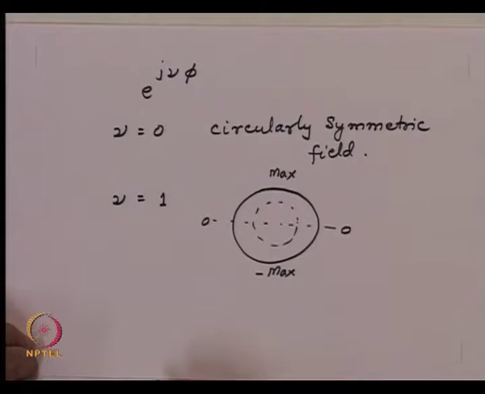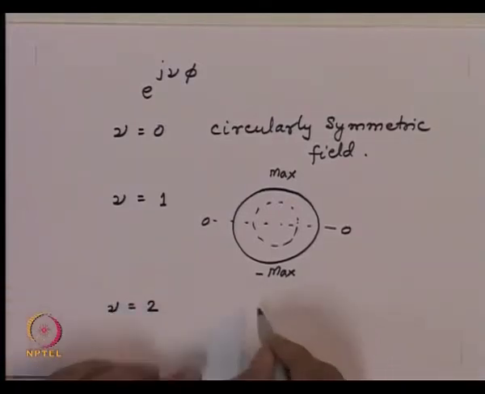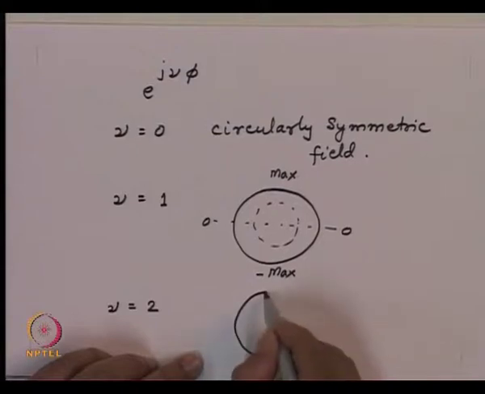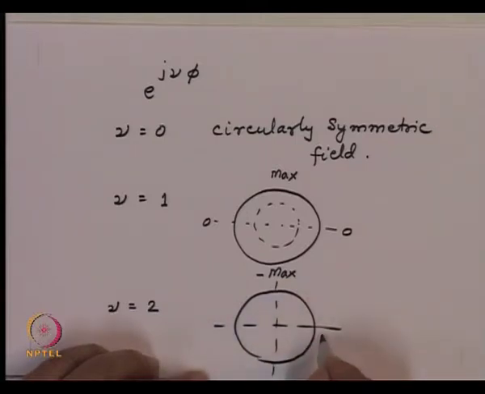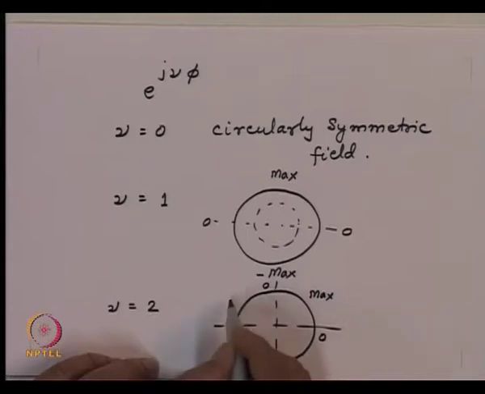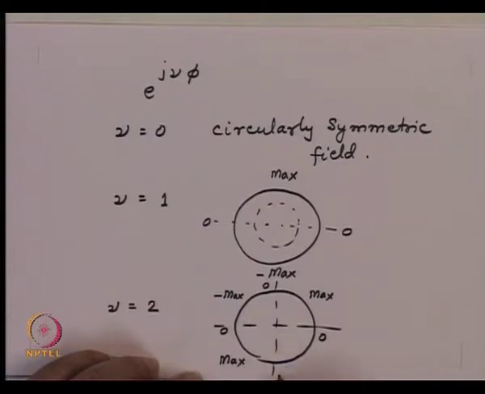Similarly, if I take nu equal to 2, then I will get a variation going into two cycles now. So it will be something like this. This will be 0, going through positive maximum, 0, negative maximum, 0, positive maximum, 0 and negative maximum.